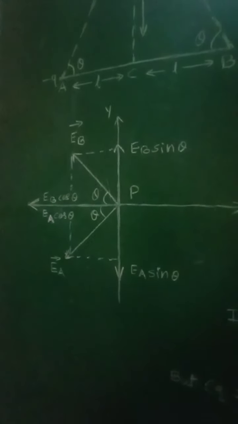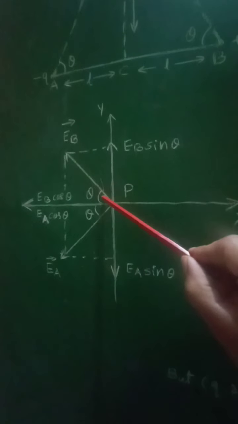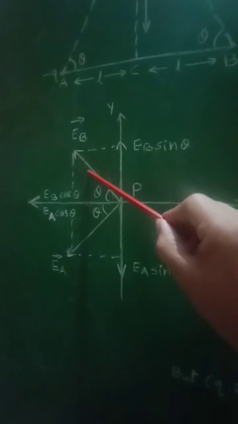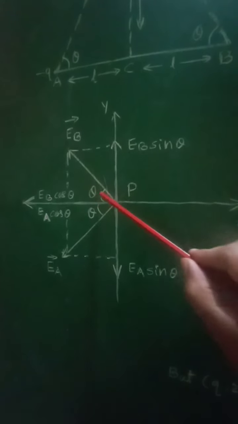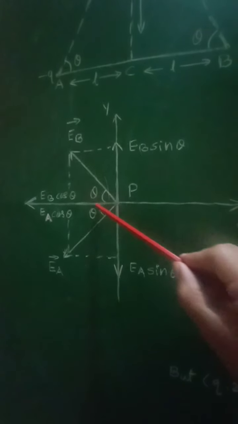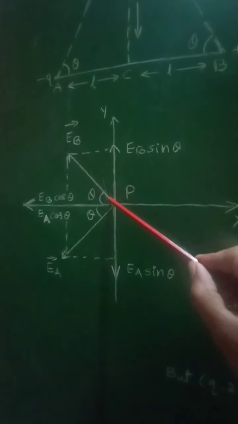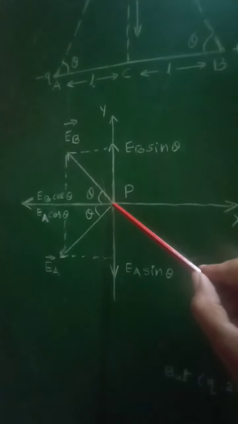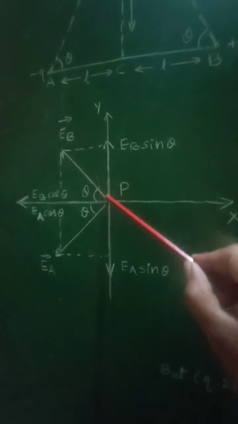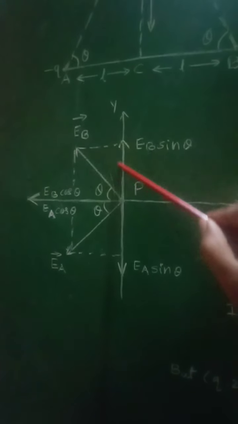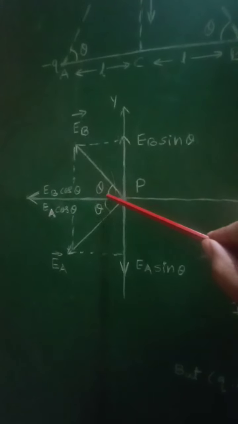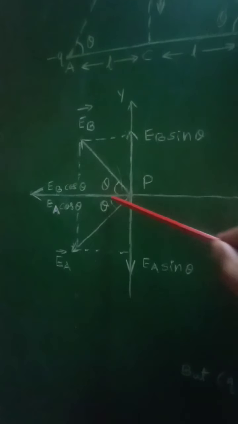Now first of all we will resolve this EB vector, which makes angle theta with this horizontal, so that when this EB is resolved into two perpendicular components, one component will be along the y-axis and the second component will be along the x-axis.